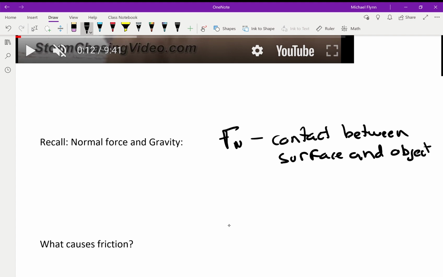Now, what about gravity? Well, gravity is equal to your weight. So the force of gravity is equal to mg.